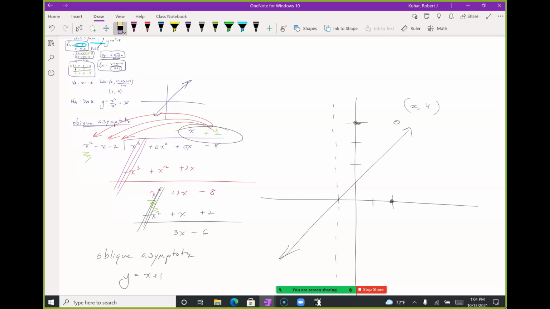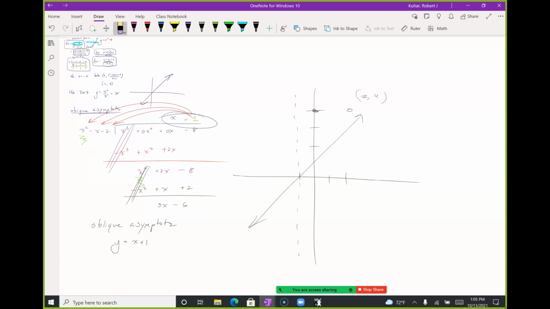Sorry, my x-intercept is wrong. There is no x-intercept, because when I plug in 2, I get the hole, right? So I believe my graph is right here, and you can see it's pressed between my vertical and my slant.